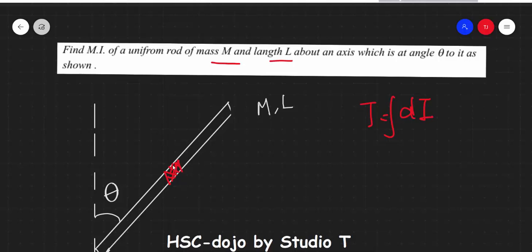So first of all, let's think the differential portion we are considering here is this red one, and let's say its length is dl.